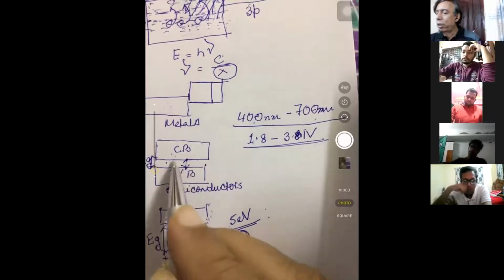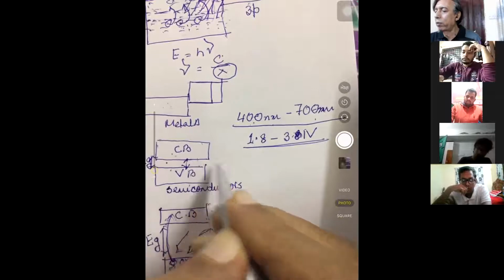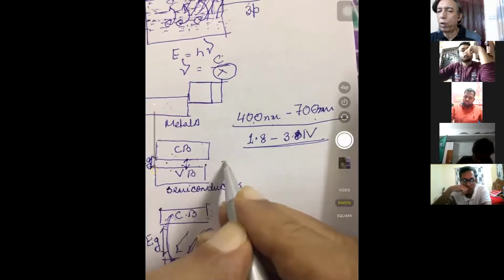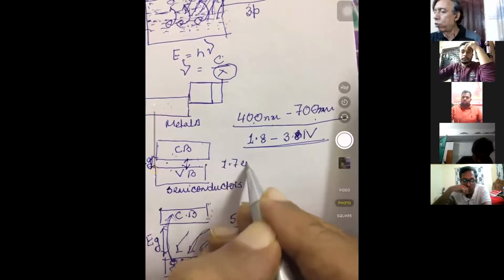Say this band gap is lower than 1.8. Say, for example, this band gap is about say 1.7 electron volt.